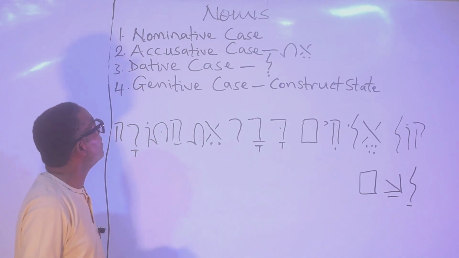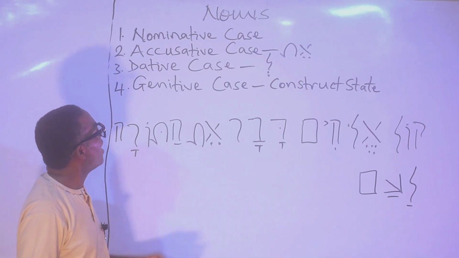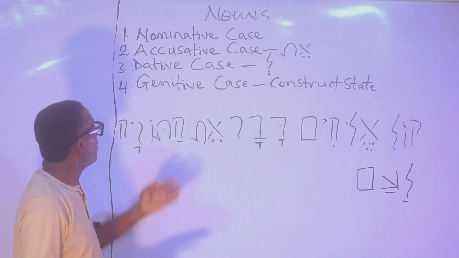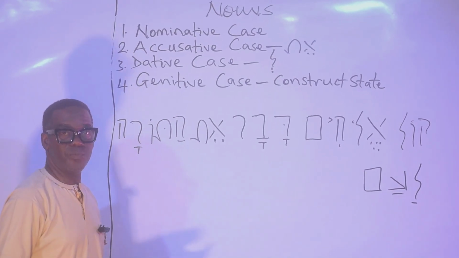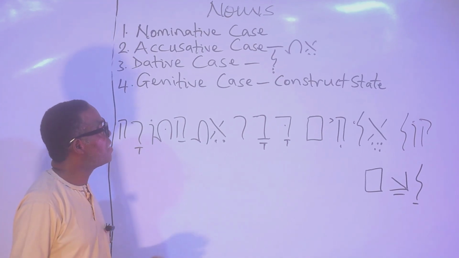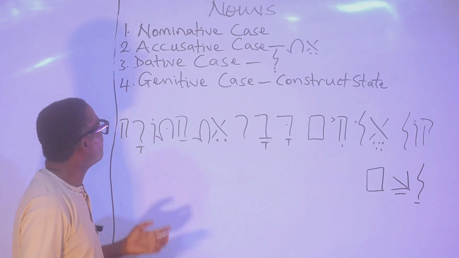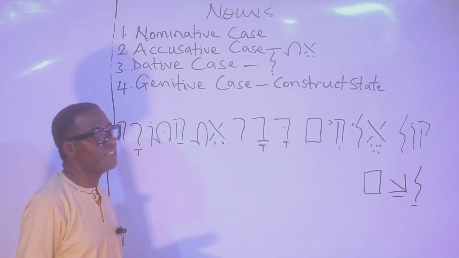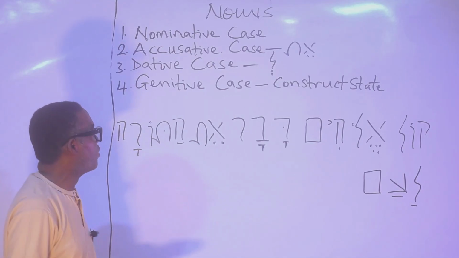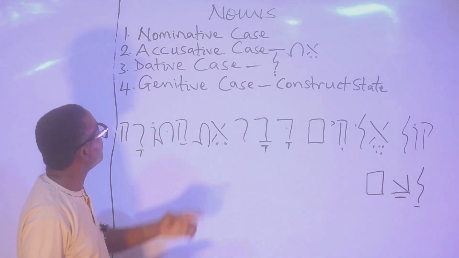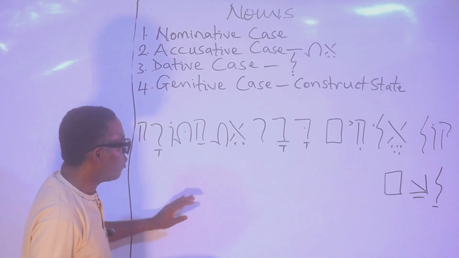Now we will explain the noun cases one after the other. We're going to take the first four: nominative case, accusative case, dative case, and genitive case in Hebrew. The first one, nominative case.